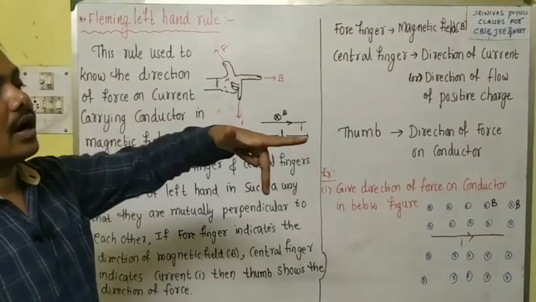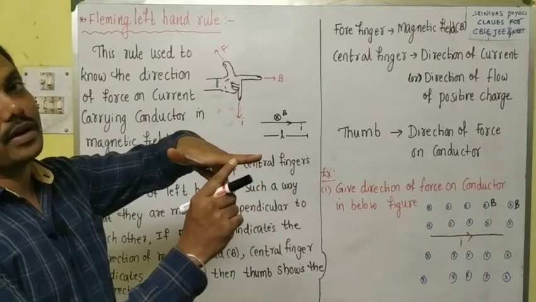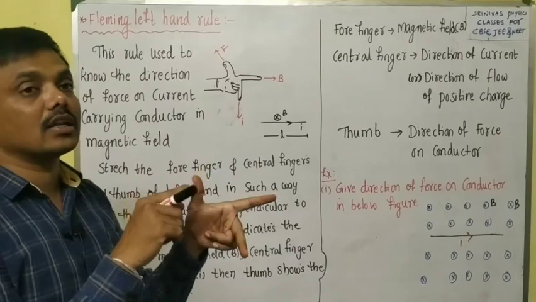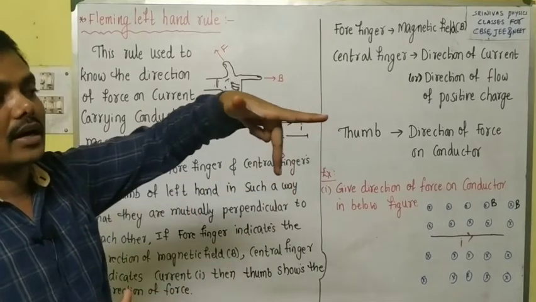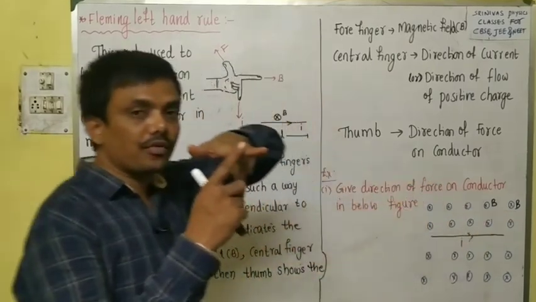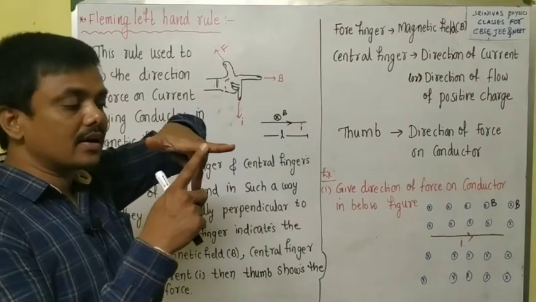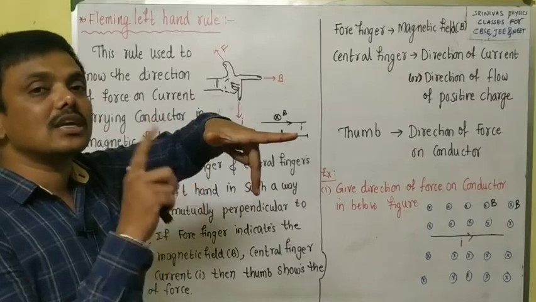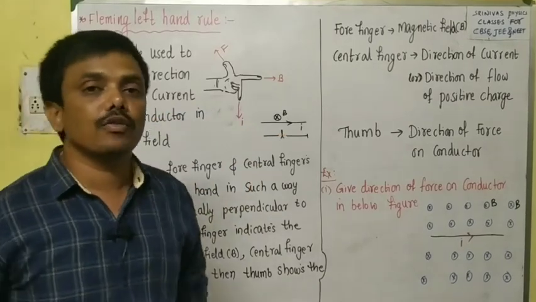Arrange the forefinger towards the magnetic field and the central finger towards the current, then the thumb itself shows the direction of the force on the conductor.